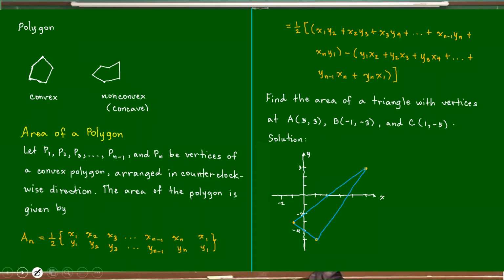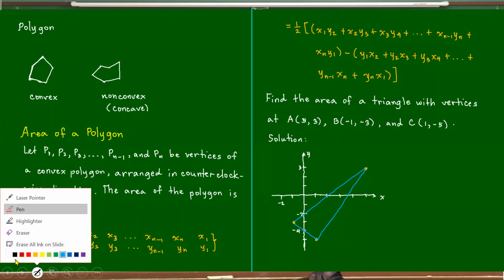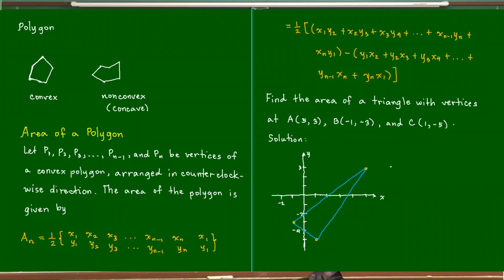To get the area of the triangle, we apply the formula. So what's the formula, guys? Area of triangle is 1/2 of, what is our considered first point, guys? This is point A, point B, point C. If we consider our first point as point A, so we have 5, 3.